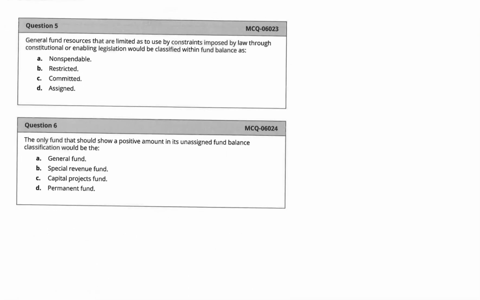Next question. General fund resources that are limited to use by constraint imposed by the law through constitution or enabling legislation should be classified within what fund balances?